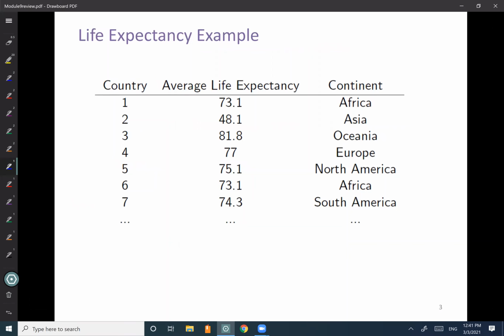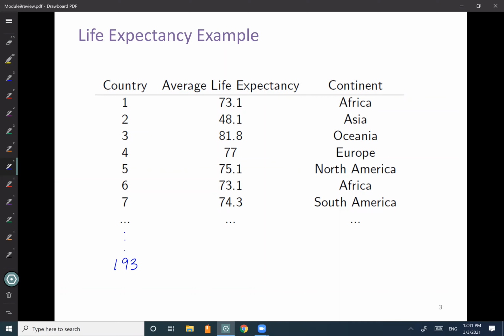In this life expectancy example, we're seeing the first 7 countries, but they go on to 193 countries in this data set. For every country, we have recorded the average life expectancy and the corresponding continent to which that country belongs.